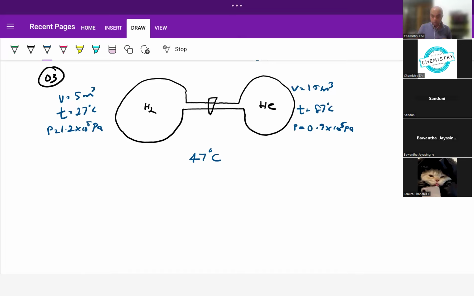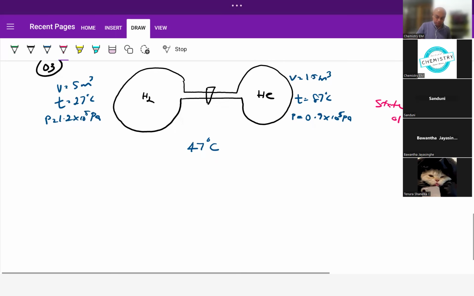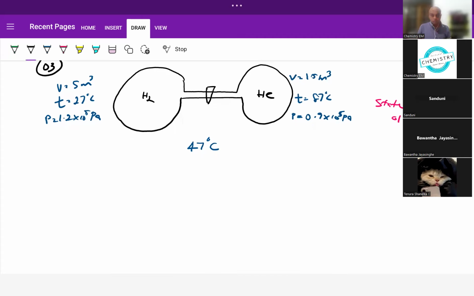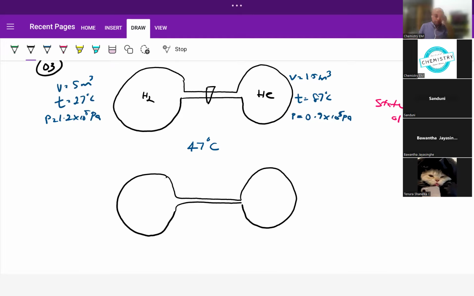I will show you how to do this one, right? So this is status one, and status two is where we remove the tap in between the two containers. Then we will have something like this. Then actually the hydrogen and helium are mixed together and take the total volume of the system, right?